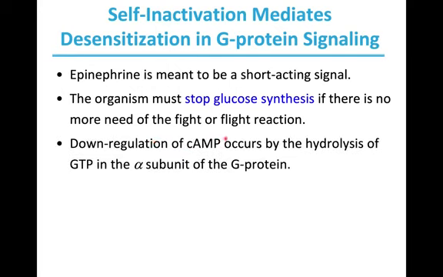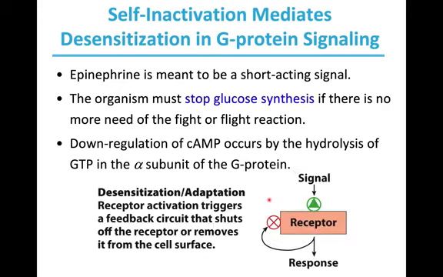Downregulation of cyclic adenosine monophosphate occurs by the hydrolysis of GTP in the alpha subunit of the G protein. And this is one of the mechanisms. As we examine, this particular self-inactivation mechanism is part of a desensitization or adaptation mechanism that is part of the cell's response.